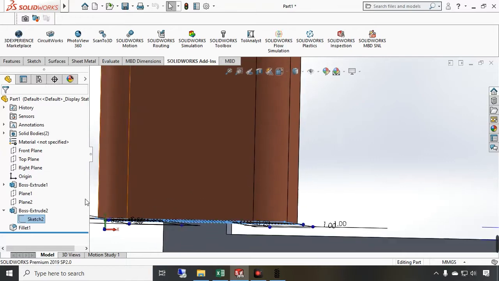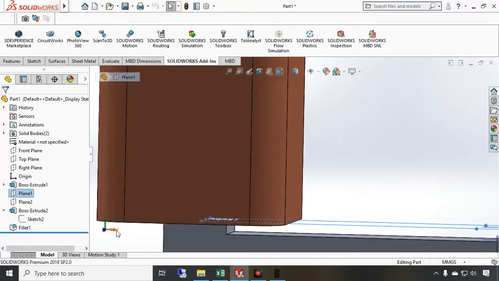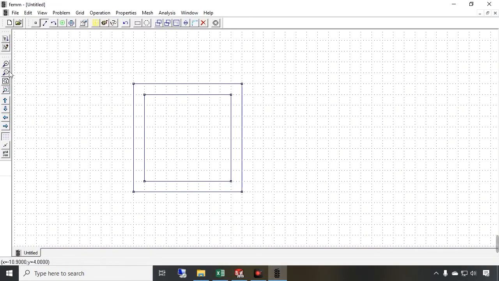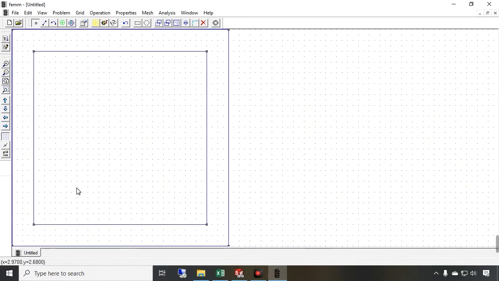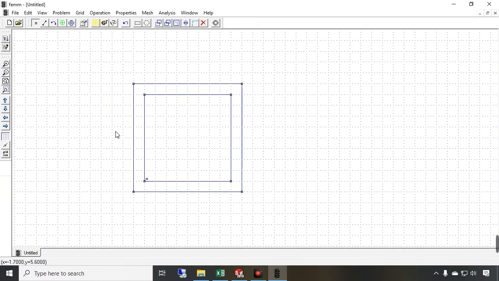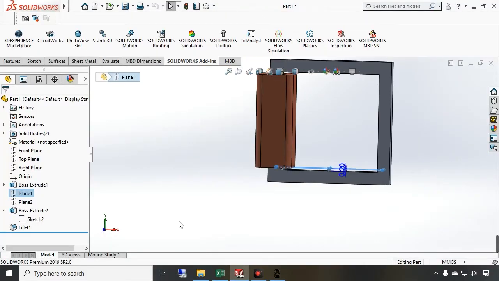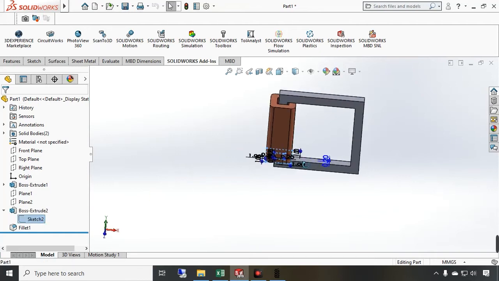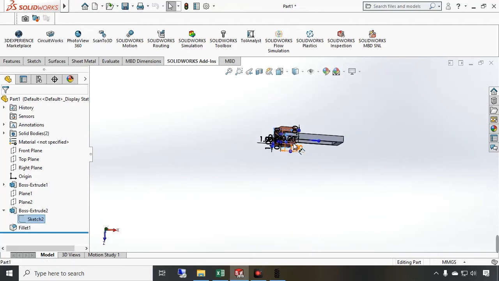Also, the clearance distance here is 0.2. So I select the point and I press the tab key. I write here 1.2, 1.2, this point. Also, the width of the coil is equal 1.